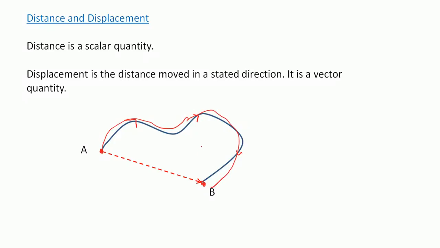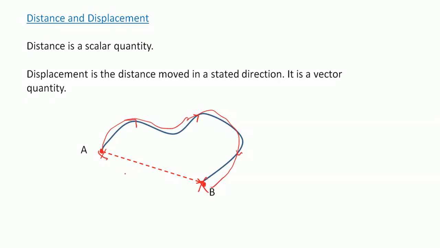That will give us the distance traveled by the man. But this arrow joining point A and point B represents the displacement of the man.